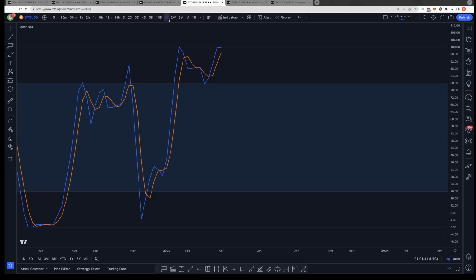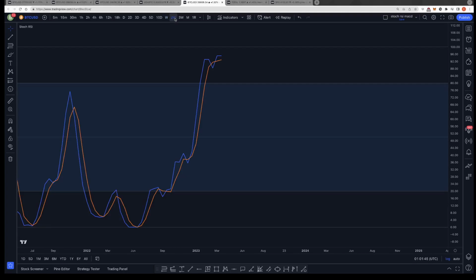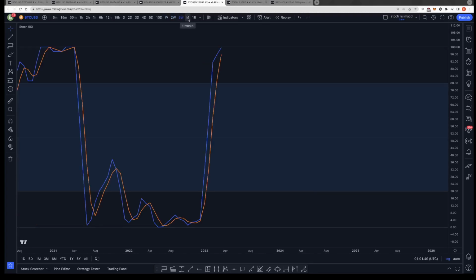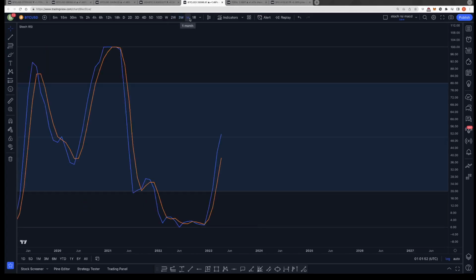Weekly open back up, hitting the 100 level. 2-week off to the side, cross back up. 3 weeks still up, little slope change, and the monthly is still up. So higher time frames, bulls are still in control. Any downside action most likely will just be a slight pullback or small correction.